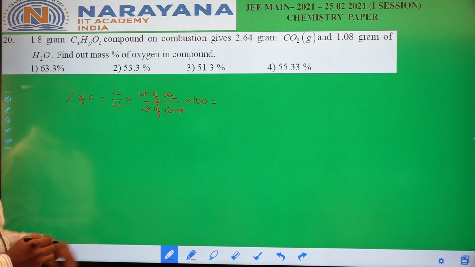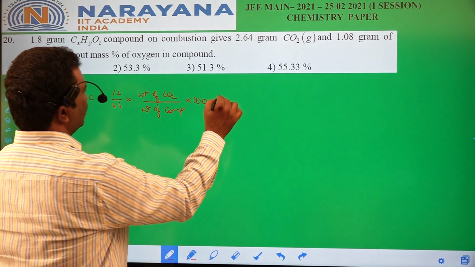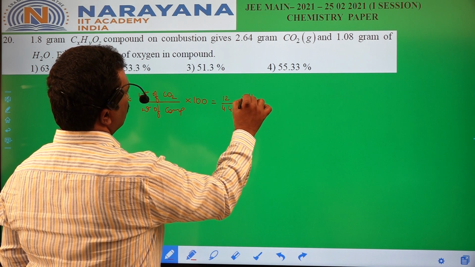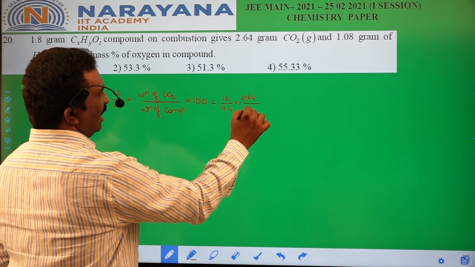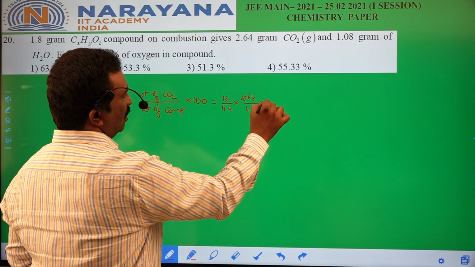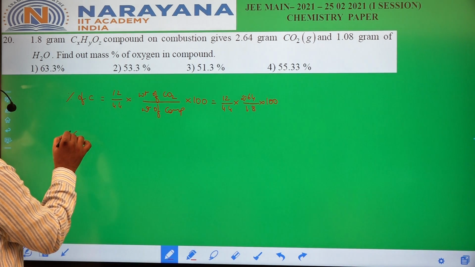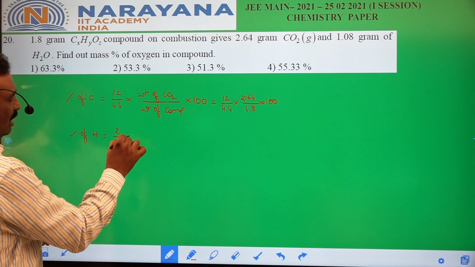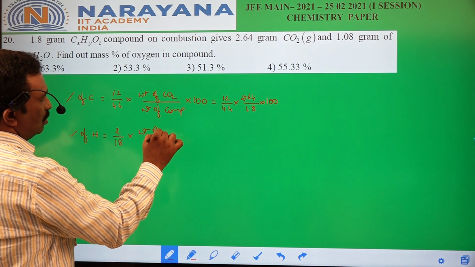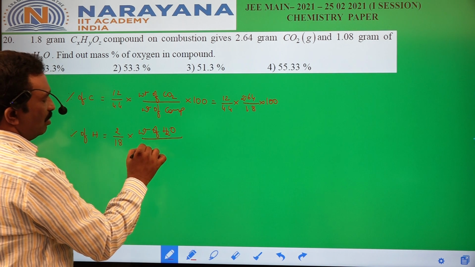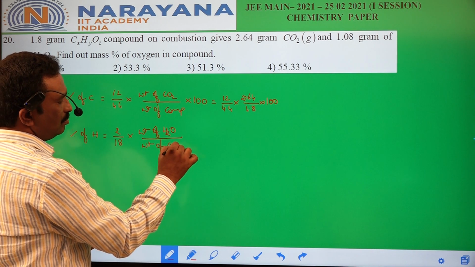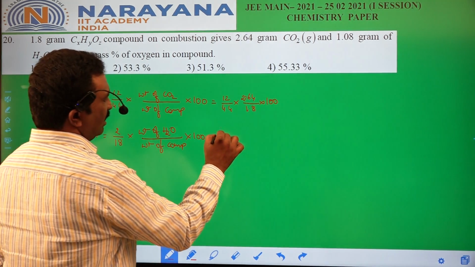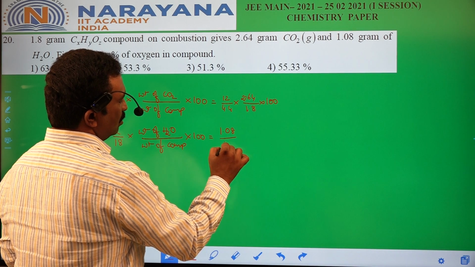So what is the mass of CO2? 2.64. 12 by 44 into 2.64 by 1.8, the mass of compound, into 100. Next, the percentage of hydrogen is 2 by 18 into weight of H2O by weight of compound into 100. This was given, 1.08 grams of H2O.